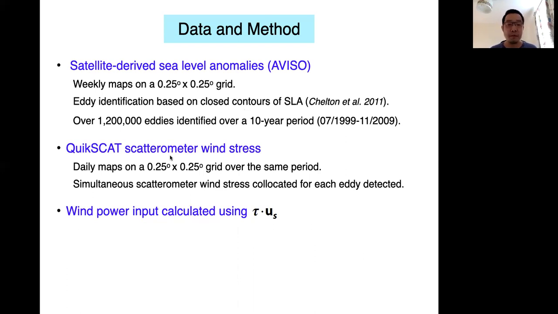For wind stress, we used QuikSCAT scatterometer wind stress. For each eddy we detected from the sea level anomaly maps, we co-locate the simultaneous scatterometer wind stress, so each eddy has a wind stress at the same time and location, and the power input to the eddy is calculated using tau·Us.